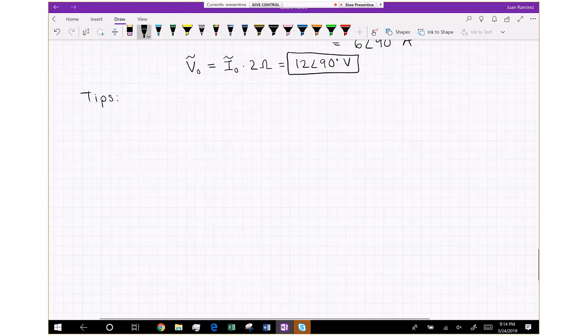The tips are, for Thevenin's theorem, and I kind of alluded to it throughout, nodal analysis is typically easier to find the open circuit voltage.